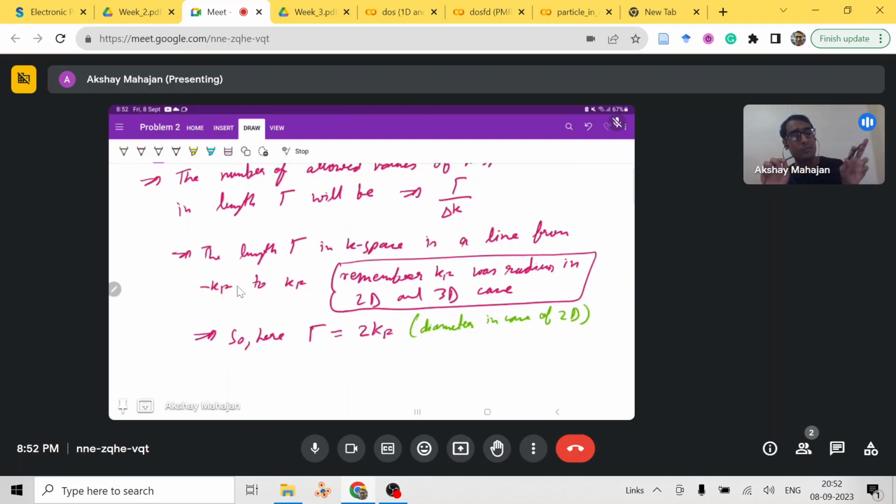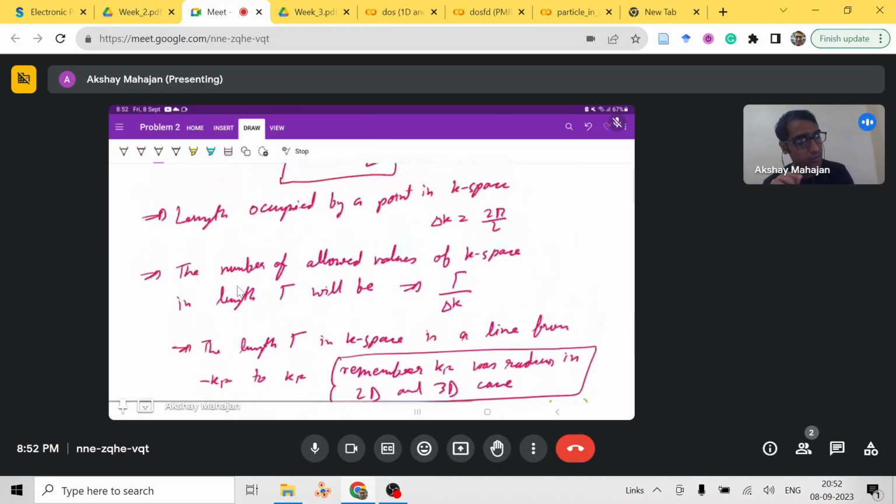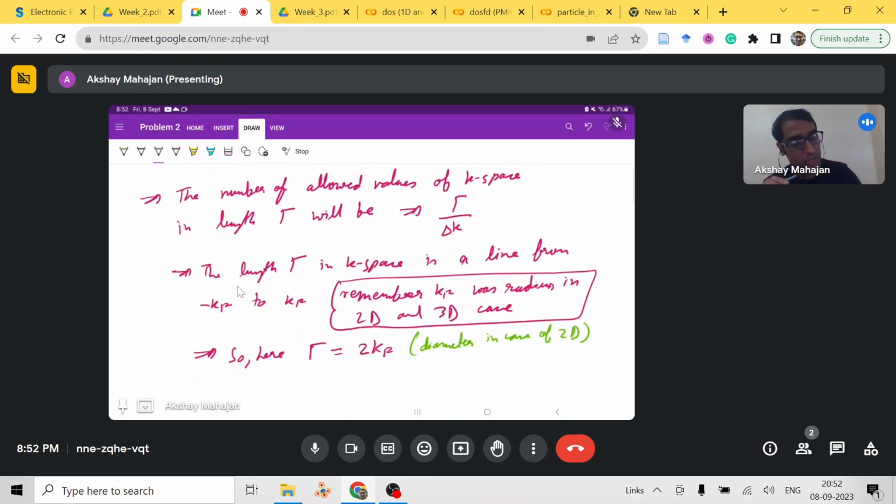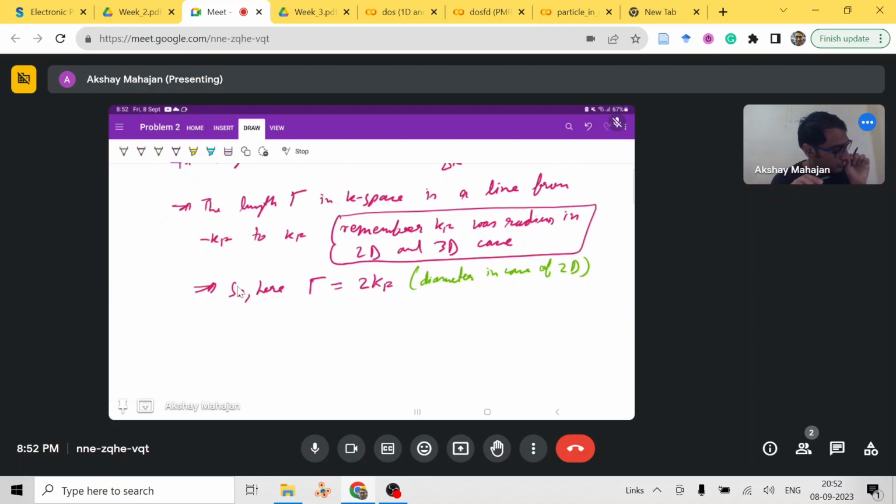So in 3D and 2D we have taken kf as the radius. Now when we go into 1D, the length that we take will be the complete diameter, which is 2kf. So the length that we are considering in this case will be from minus kf to kf, which is length 2kf. Alright, and kf is our Fermi vector, which I have not mentioned anywhere.